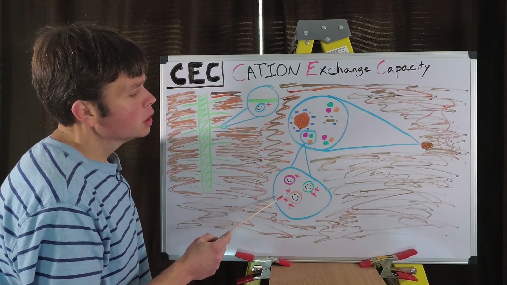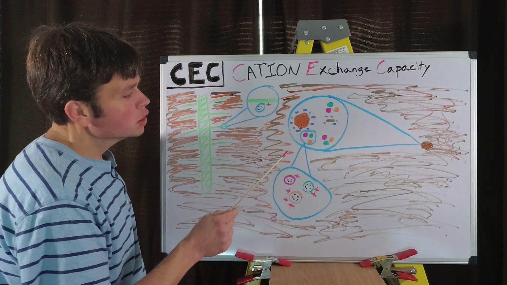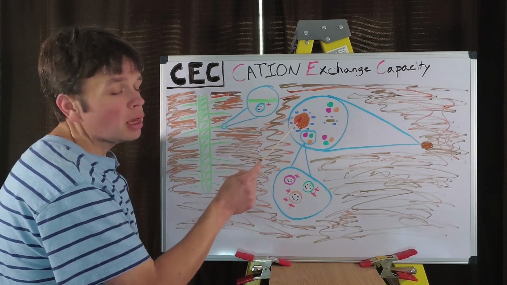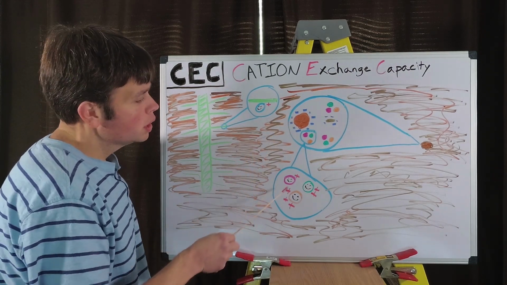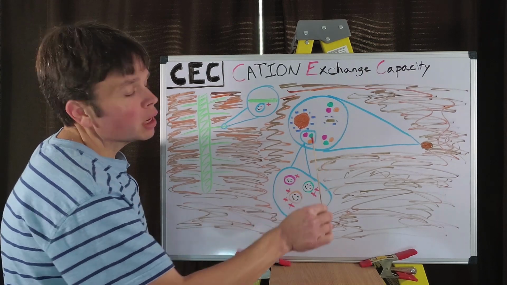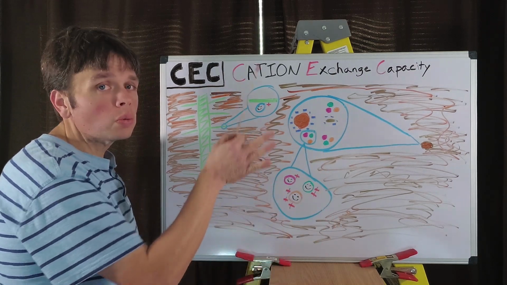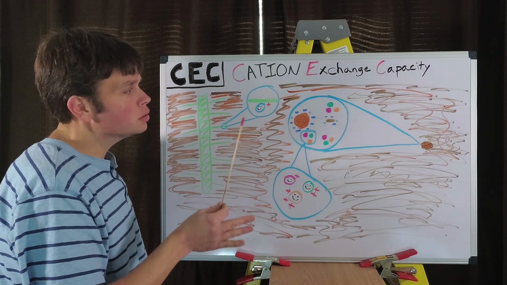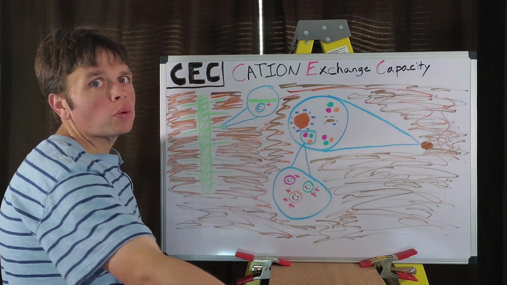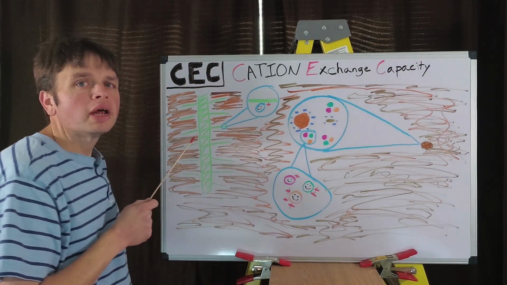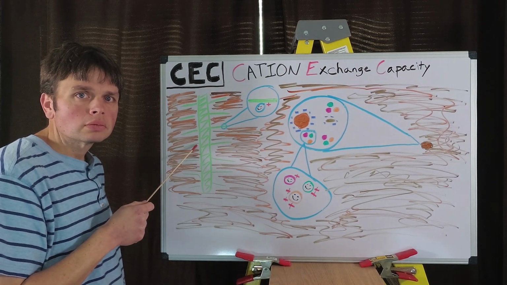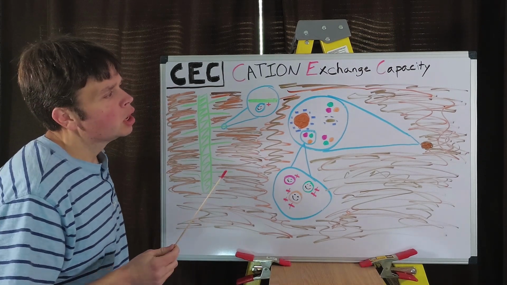And that's good. Because if they weren't positive and our soil wasn't negative, these guys would just be floating around in our soil. We water or it rains and that washes away and never gets to our plant. And that's no good.